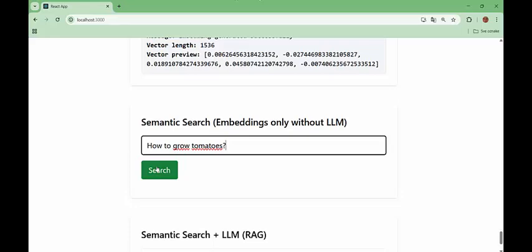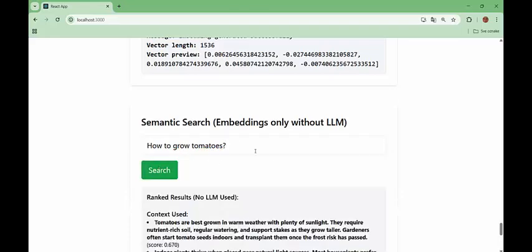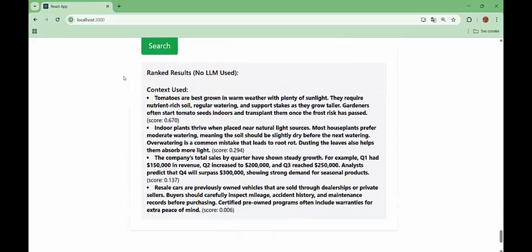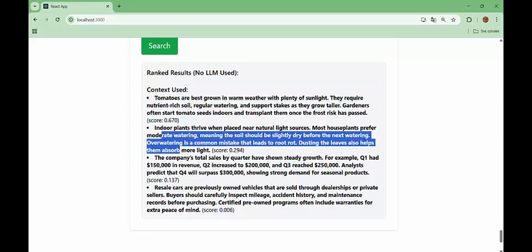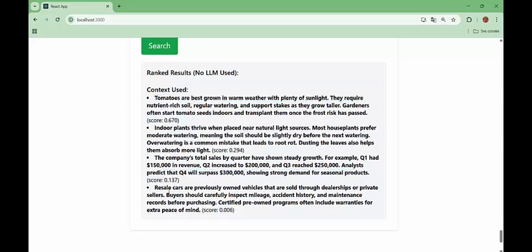Okay, search. Here it is. Ranked result, no LLM used, context 1, 2, 3, 4.